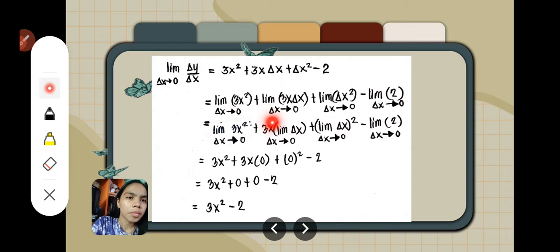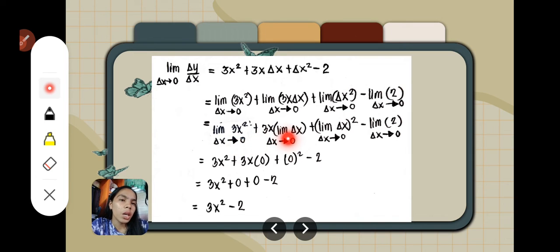The limit of 3x squared plus the limit of 3x delta x when delta x approaches 0, plus the limit of delta x squared when delta x approaches 0, and minus the limit of 2 when delta x approaches 0.